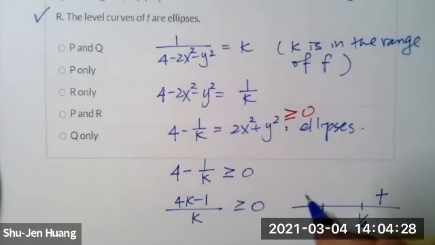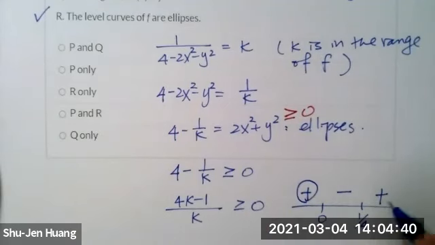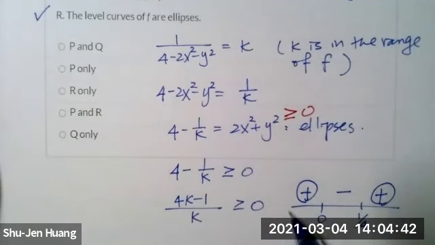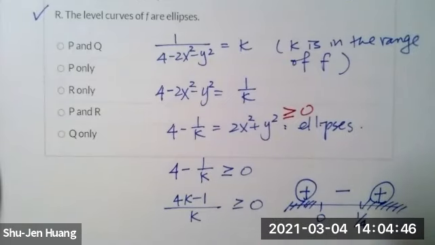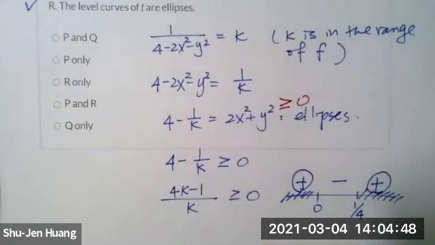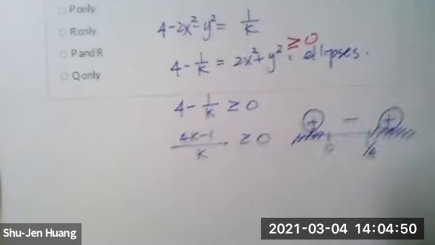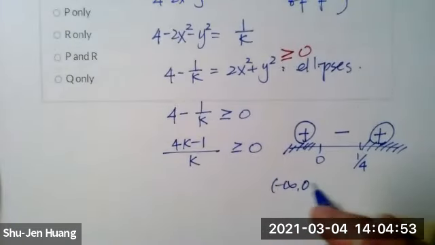The signs for the test intervals, starting from the left, are plus, minus, plus. We want the fraction to be greater than or equal to 0, so we want the positive intervals. That means k falls into those 2 intervals. So k is from minus infinity to 0.